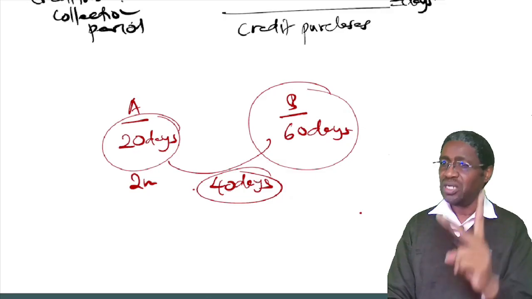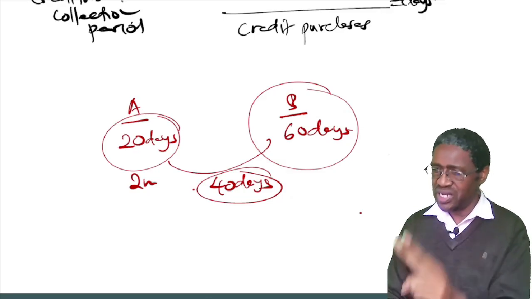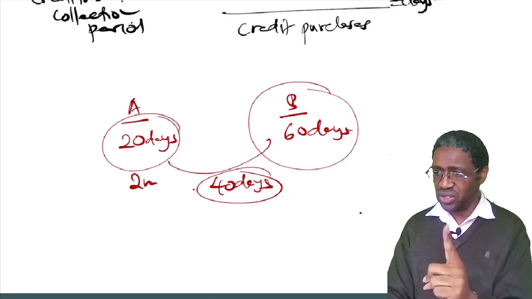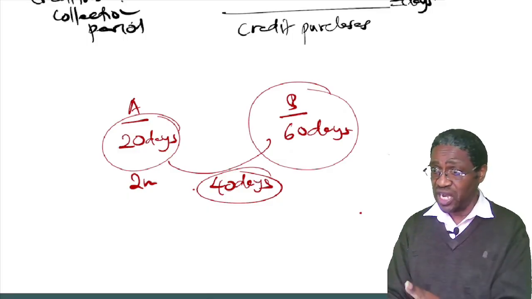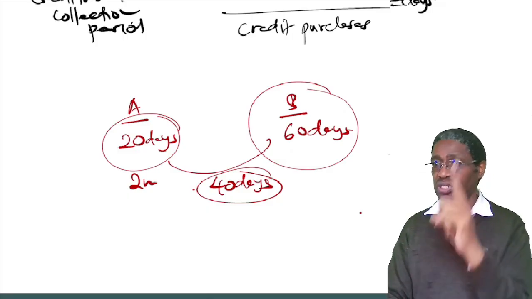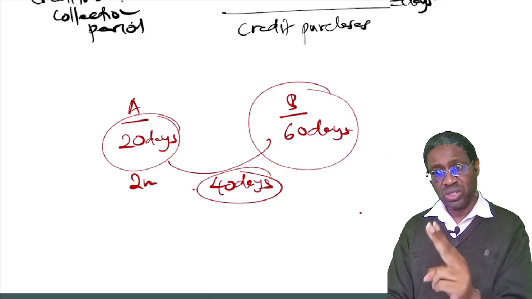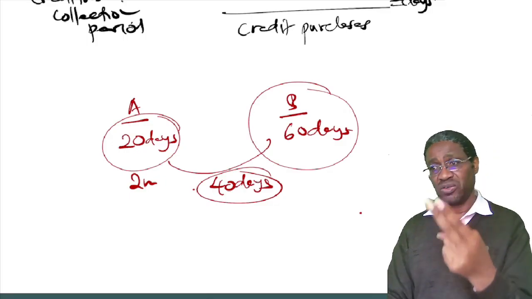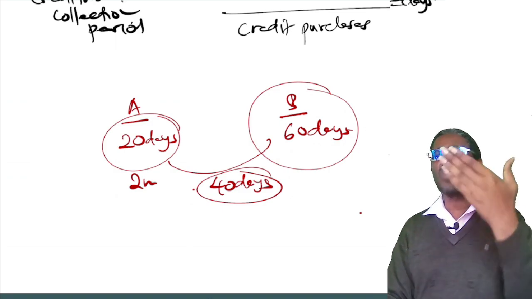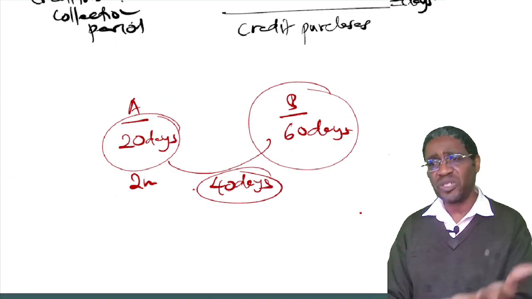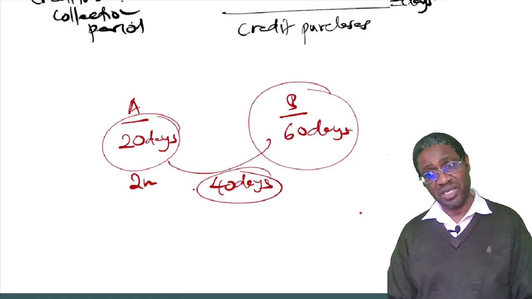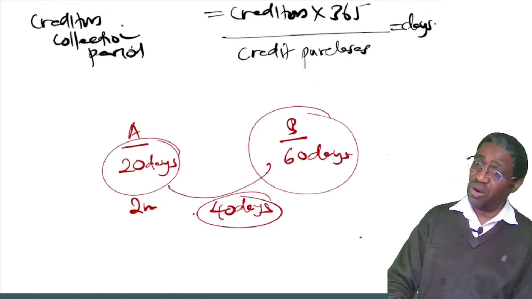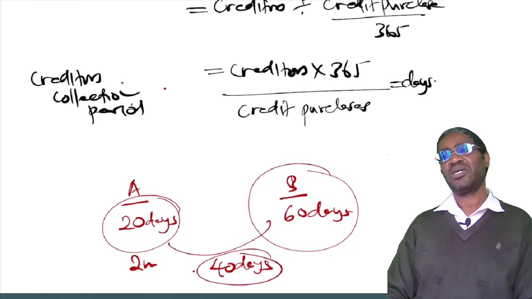One, you are given enough time to make arrangements for payment. Two, you are given another 40 days to utilize your cash elsewhere and generate profit before the date of payment. That's why we conclude the longer the period, the better the firm.